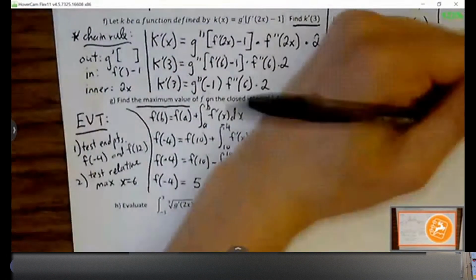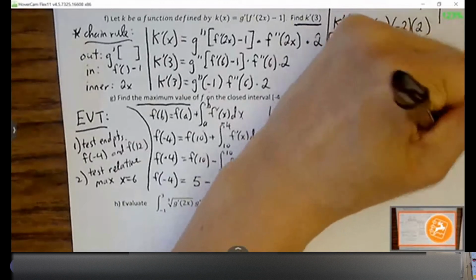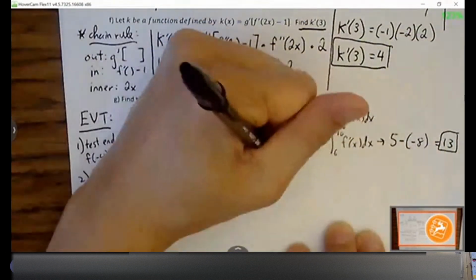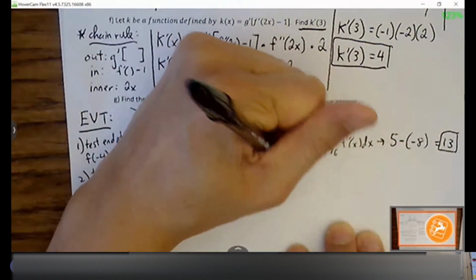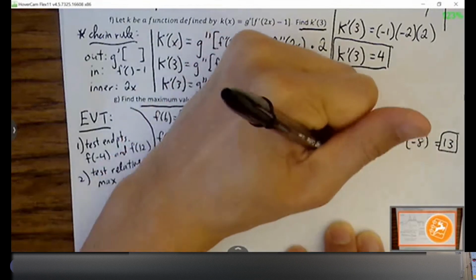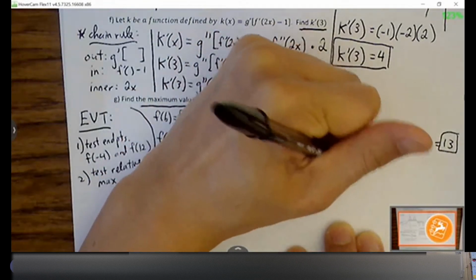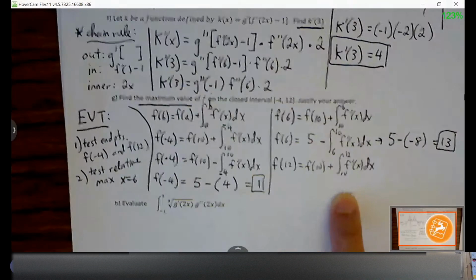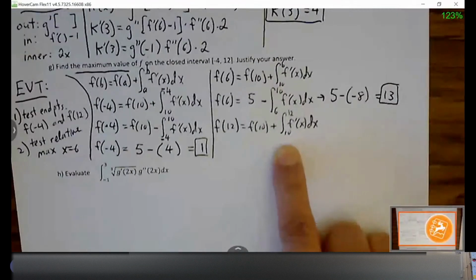So 5 plus 8 is 13. And finally, f of 12. No need to change the bounds here. It's already in the order that we prefer.